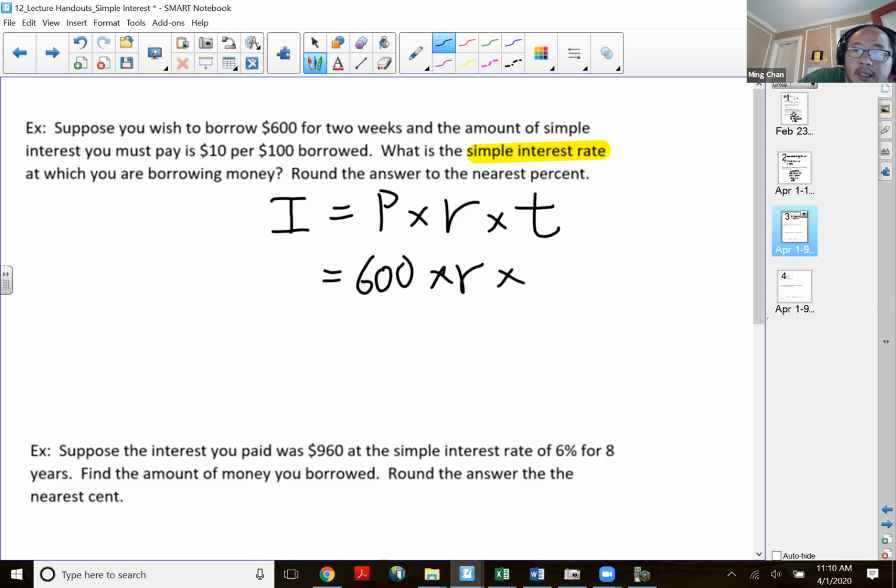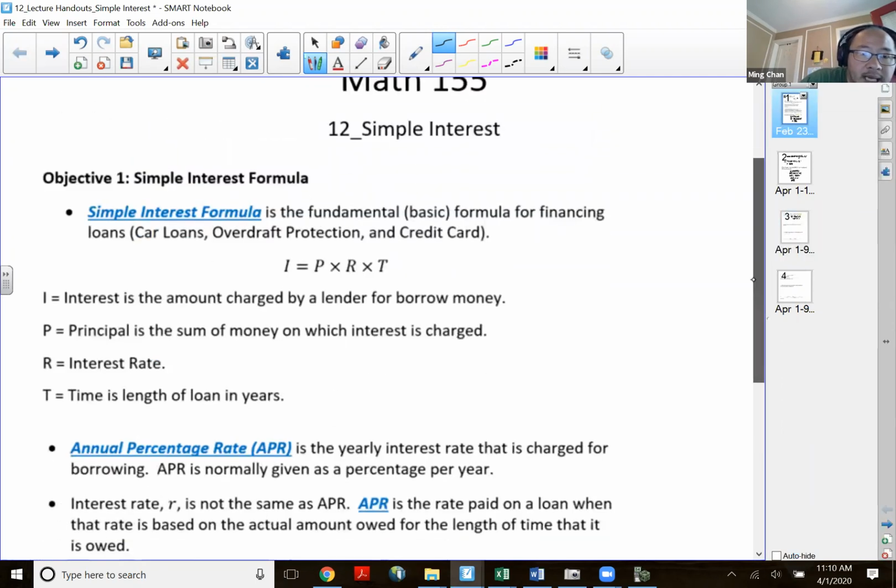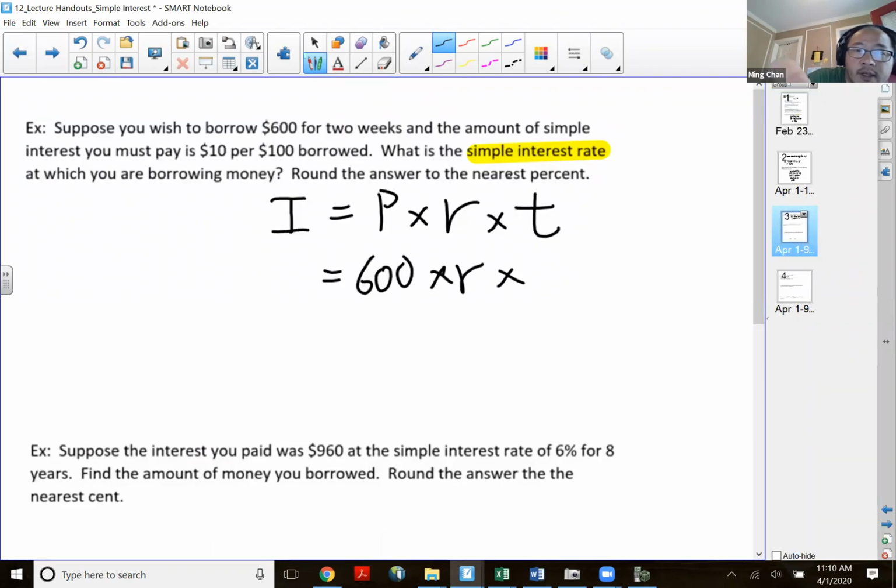Now remember earlier, I mentioned the time has to be the length of the loan in years. So here we have to convert the 2 weeks into years. That will be 2 weeks out of 52 weeks in the year. What's my interest? I need to know the interest before I can find R. The interest says you must pay $10 per $100 borrowed.